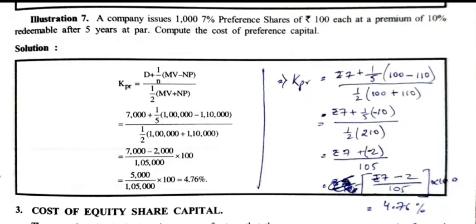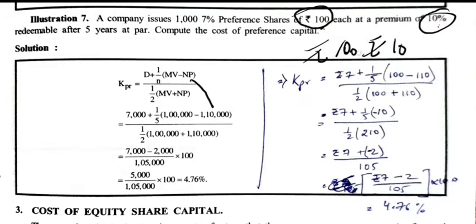Next is net proceeds. How much are you receiving? You're receiving rupees 100 per share plus the premium also. So 100 you're getting for sure, and 10% premium of it you're also getting. That means you're receiving rupees 10 extra.